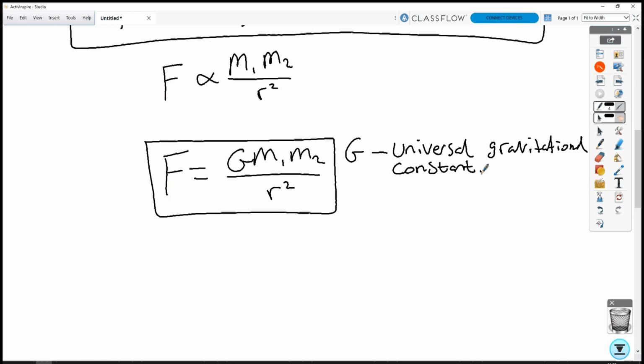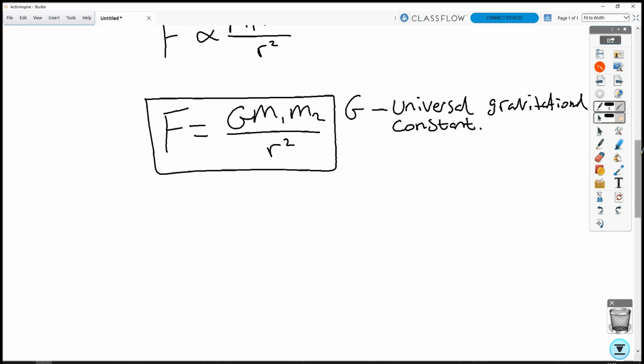This is not the same as little g, which you guys already know as being 9.8 newtons per kilogram on the surface of the Earth. This is a constant that is used to make this equation work. And the value for big G is 6.67 times 10 to the minus 11 newtons meters squared per kilogram squared.